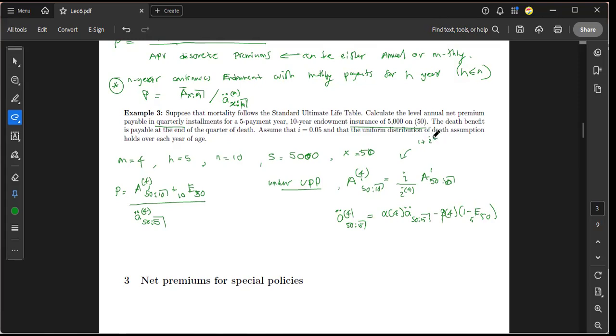So this is i(4) divided by d(4), with d(4) equal to 1 plus i. So from this, you can get this ratio. This is available in the table. This is available in the table. This is available in the table. Alpha is also there and beta is also there. So all these quantities are in the table.